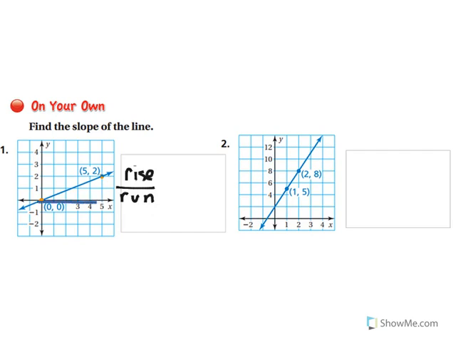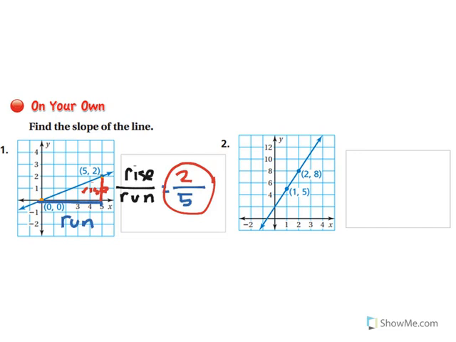From this point all the way over to this point, it went over 5 spots. So our run is 5. And then it went up 2 spots. Again, this is our rise. So our slope for this problem is 2/5.